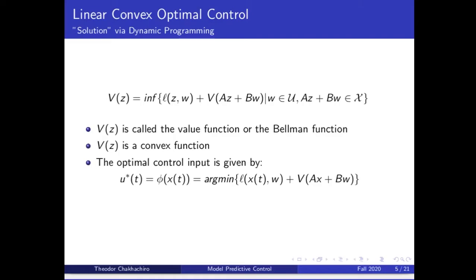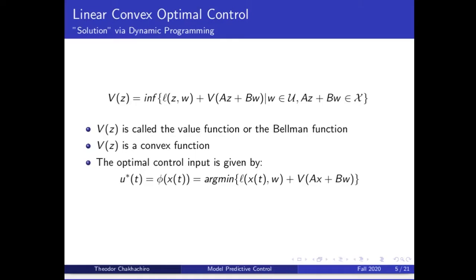The solution via dynamic programming is as follows. V of z is the infimum of the previously defined function, but now we are choosing it over all possible state vectors and control inputs, and we are also adding the cost that is V of A z plus B w, which is the cost of moving a step ahead in the state vector, or if you want to think about it, the cost of moving to the next step.